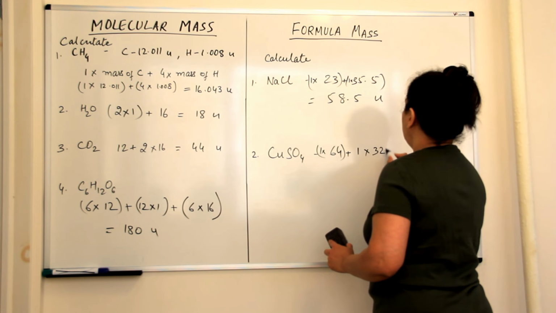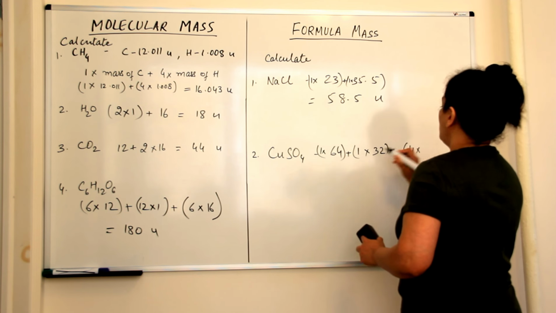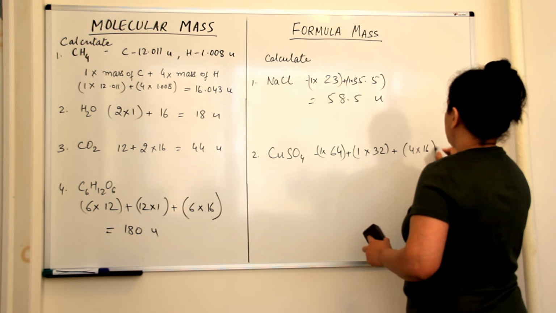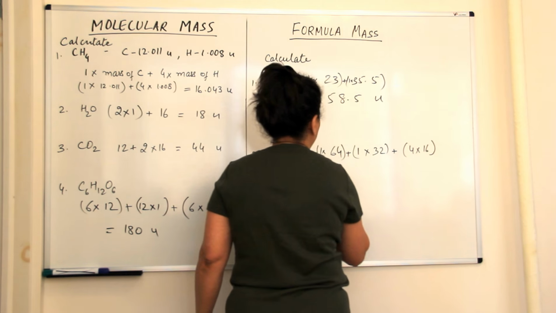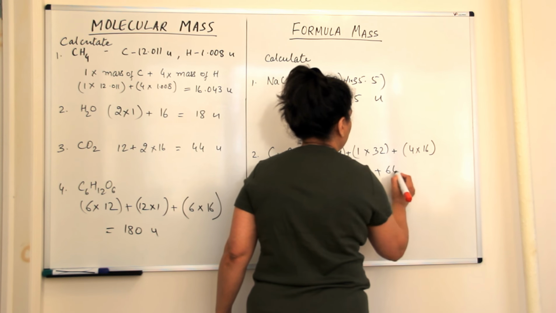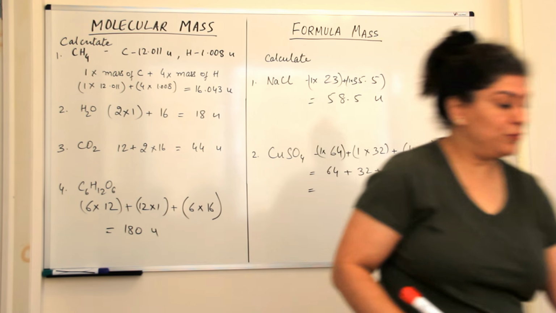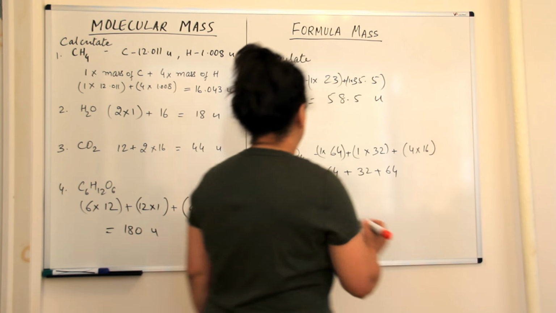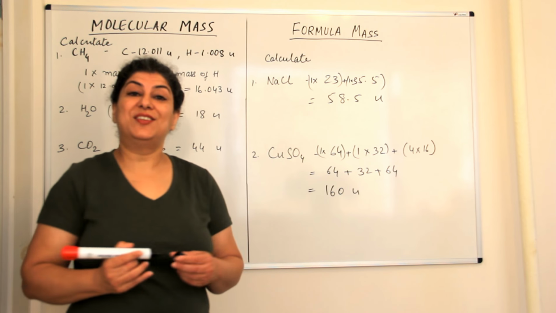Sulfur is 32 plus, there are 4 oxygens, so 4 into what's the mass of oxygen? It is 16, right? So this is 64, this is 32 and this also comes to be 64. So the mass of copper sulfate would be 160 unified masses or atomic mass units.